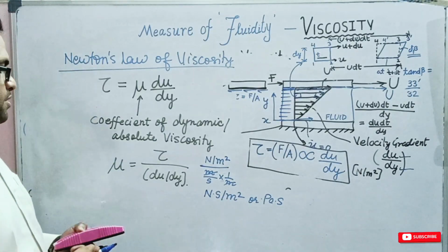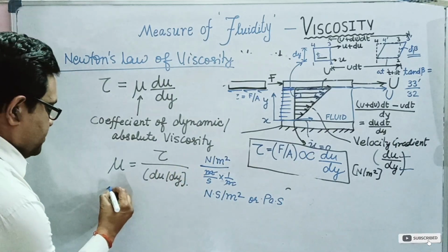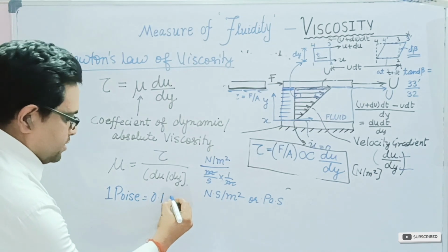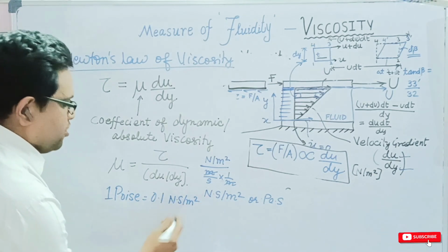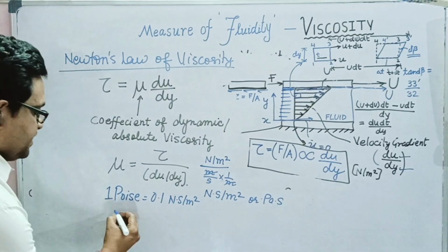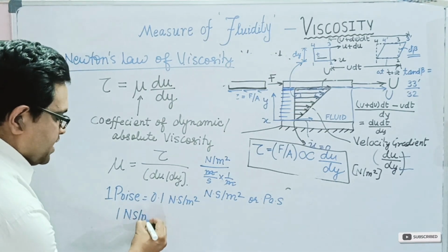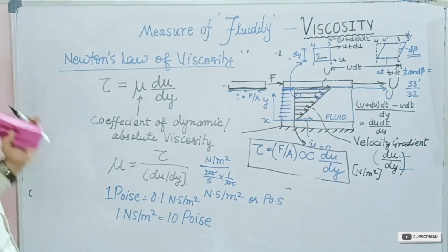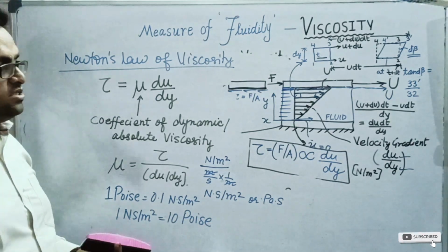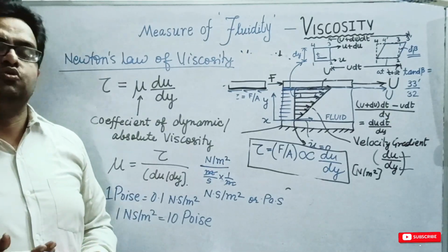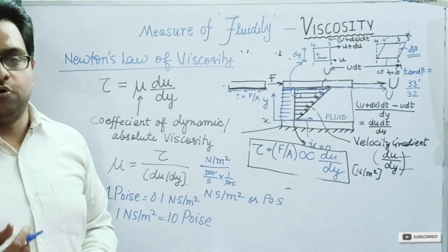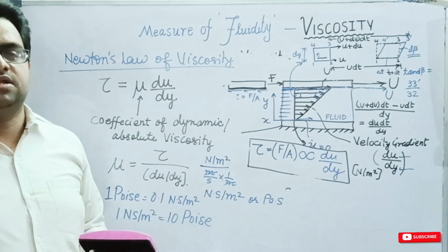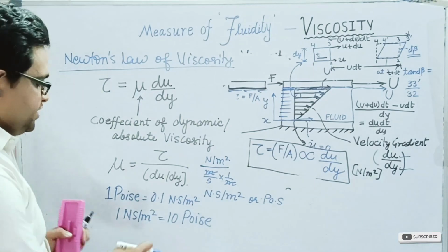So we have 1 poise equal to 0.1 Newton second per meter square, or 0.1 Pascal second, or we can say that 1 Newton second per meter square is equal to 10 poise. And this is also a very large unit, so sometimes we also use a smaller unit which is called centipoise, and that may be defined as 100 times the poise.